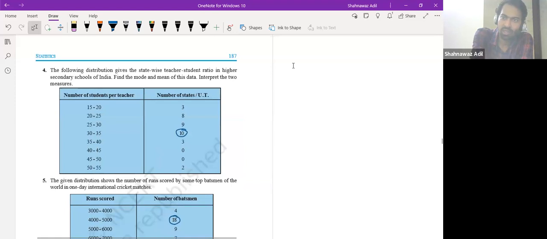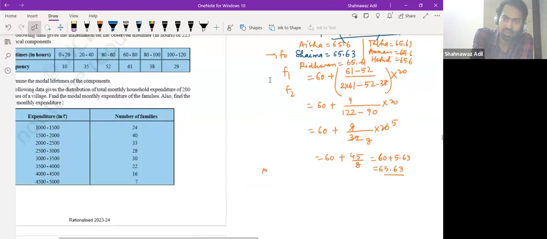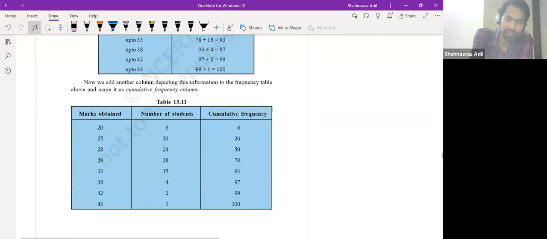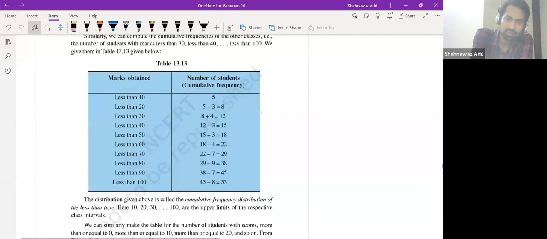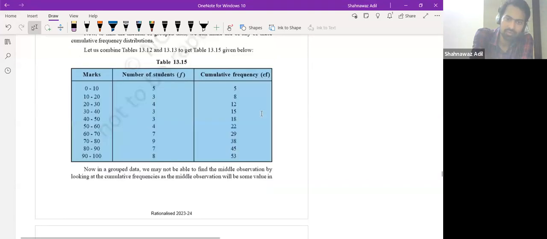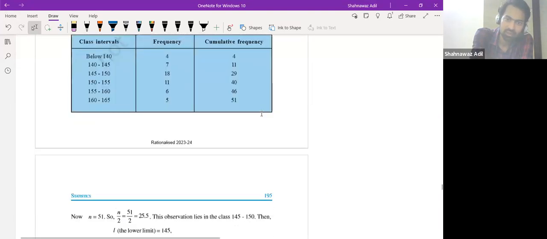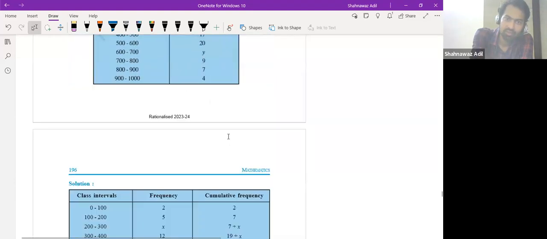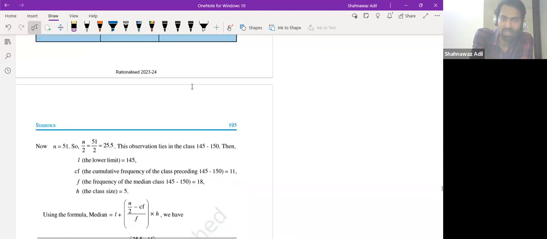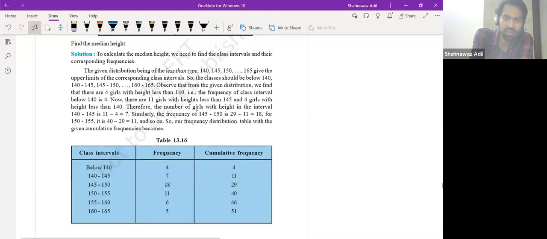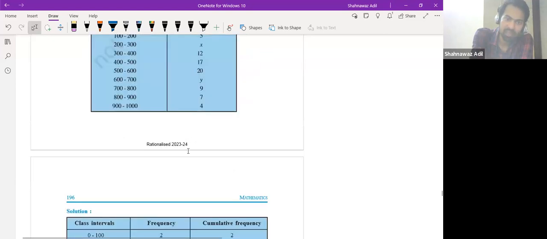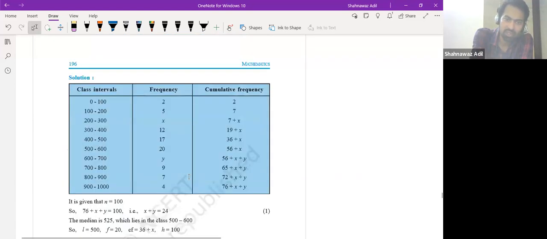Okay, so now let us move on to the next question. Mathematics is about how you can reduce your effort, right? That is what we learn in mathematics. So you can use this shortcut mean method.